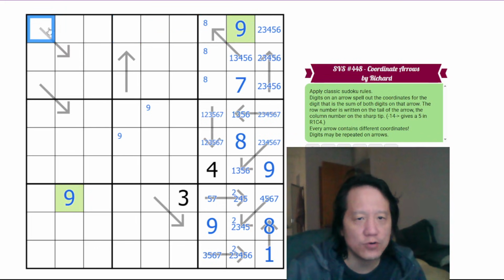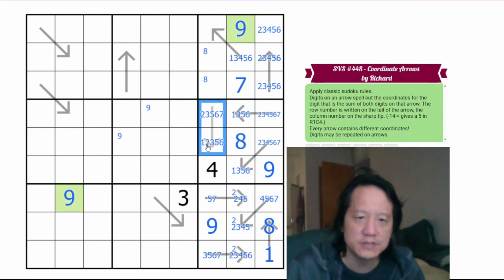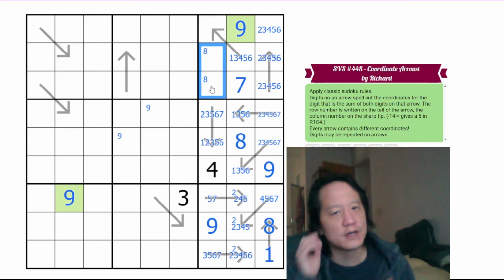Because if you have row 1, column 7 be 8, the problem is 8 would then be on an arrow, and then you can't have 1 and 8 here because we already have this pointing to that cell there. So this cannot be 8, therefore it cannot be 1 and 7. It can only have a 7 and a 1. And this is 7, 1, this is 7, 1. 7 cannot be here, and 1 can't be here, because then that would be 1, 7, which points to an 8, which obviously can't be.